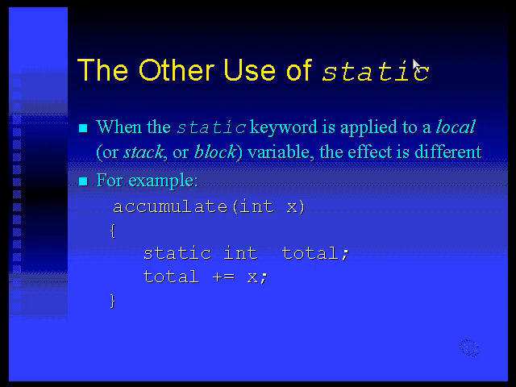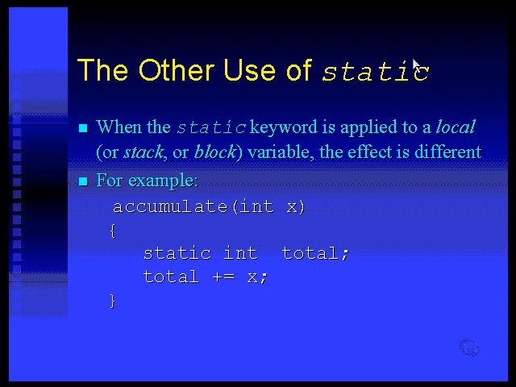And what does that mean exactly? Well, by placing the word static there in front of the definition of total, I've actually specified that the variable total shall retain its value between calls to the function accumulate.